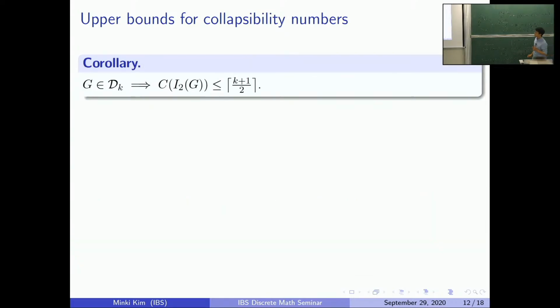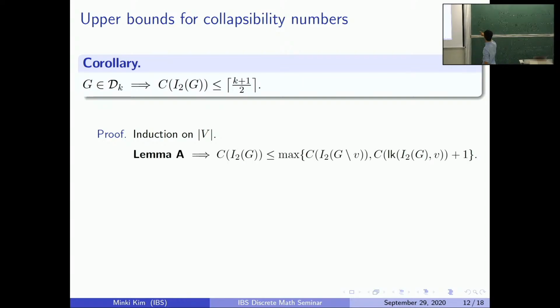And then using these two, we can prove that the collapsibility number of I_2 of G is at most (k+1)/2 for graphs with maximum degree k. So we use induction on the number of vertices. First we apply this lemma A and have this relation.